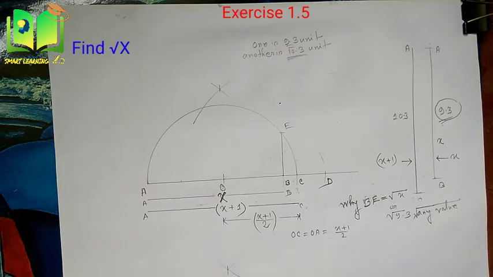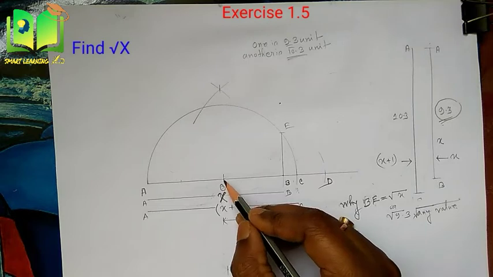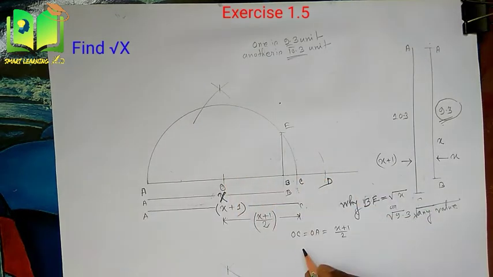So if I ask you what is the value of OE, OE equals OC equals OA, because it is a radius.